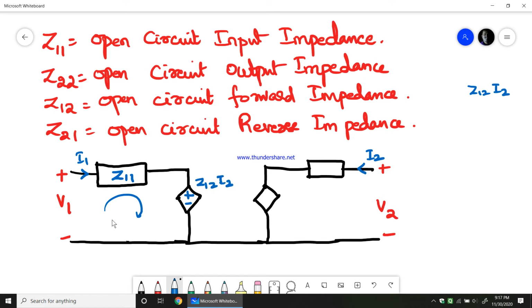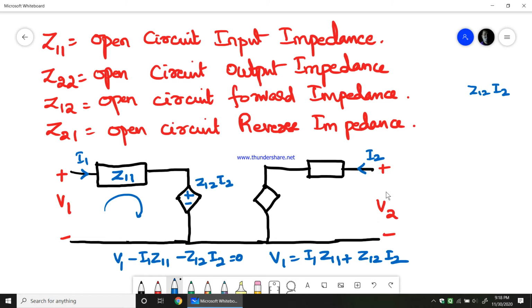So if I write the equation here, V1 minus I1 Z11 minus Z12 I2 equals 0. Therefore, I easily get V1 equal to I1 Z11 plus Z12 I2. So if you write the KVL here, I get this equation. Therefore, this network represents the first equation of the Z parameters.